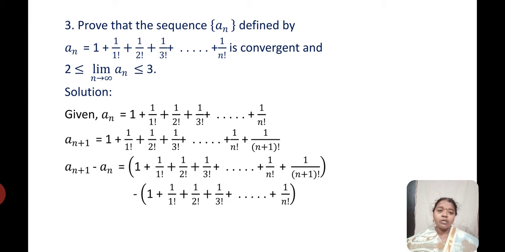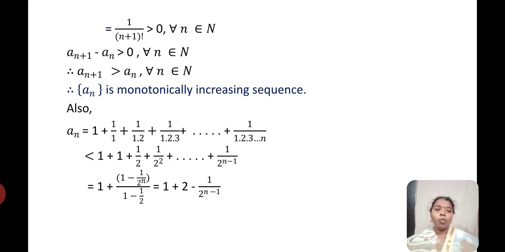So let's write down an, and an plus 1 would be the same terms of an plus an extra term of 1 divided by n plus 1 whole factorial. Now let's consider an plus 1 minus an. After substituting an plus 1 and subtracting it from an, all the terms except 1 by n plus 1 factorial get cancelled, and this is obviously greater than 0 for all n belongs to natural number.